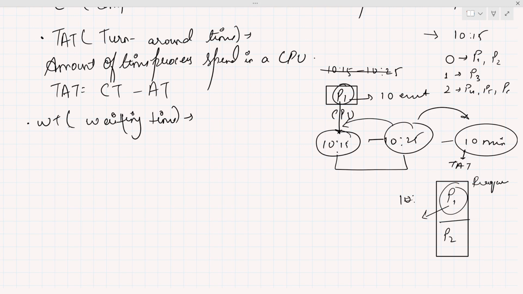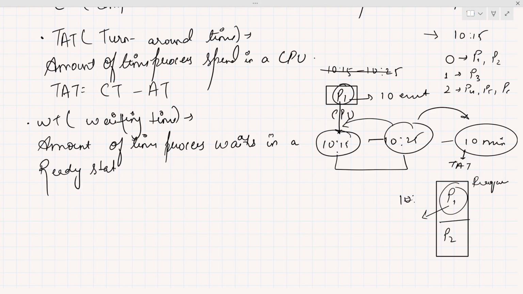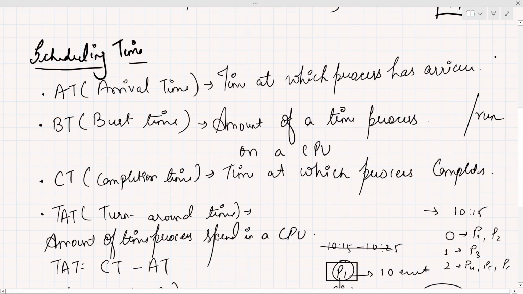So the amount of time a process waits in a ready state is called the waiting time. And the formula for calculating the waiting time is turnaround time minus burst time. This is the basic thing that you need to understand.